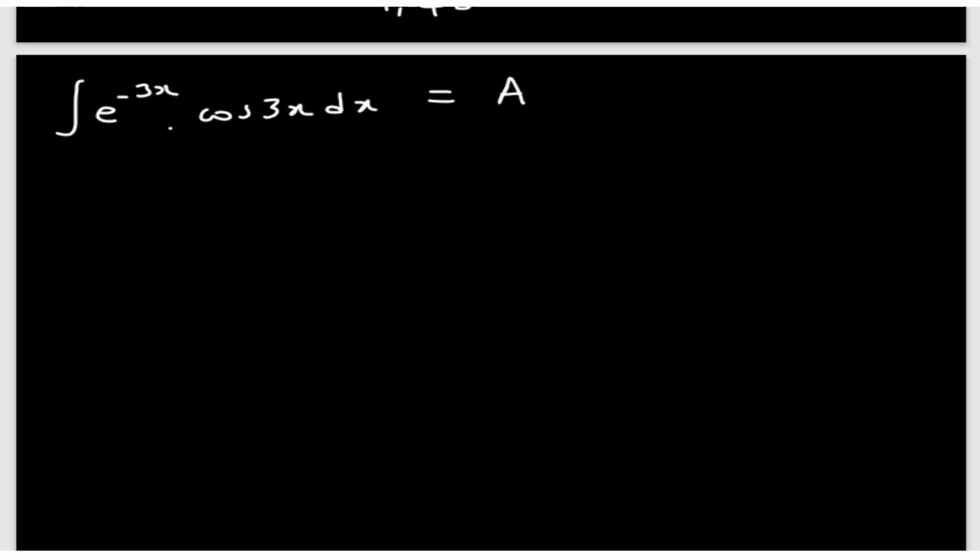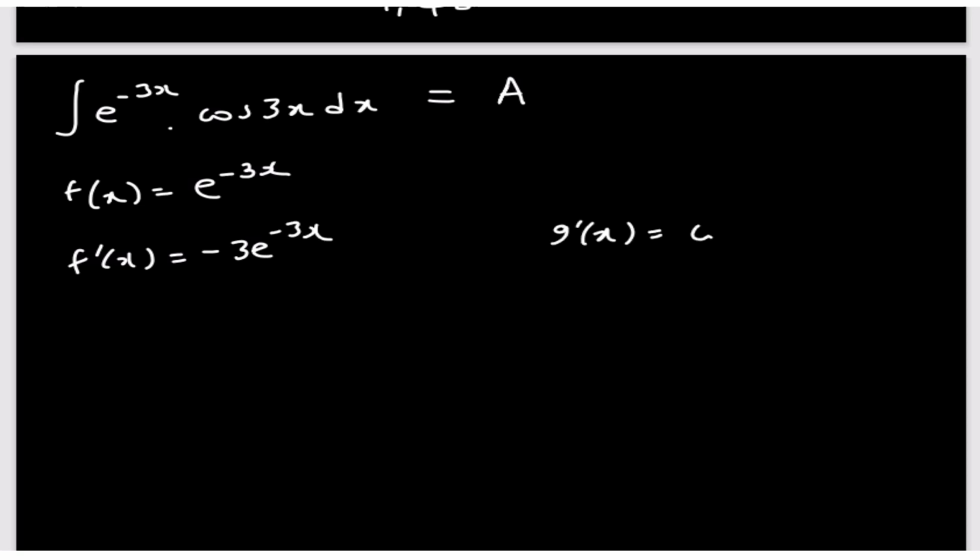So we know cos, we still have to do, but that one you have to do it alone. Let me write f of x, it's this, f prime of x is minus 3 e minus 3x. g prime of x is cos.